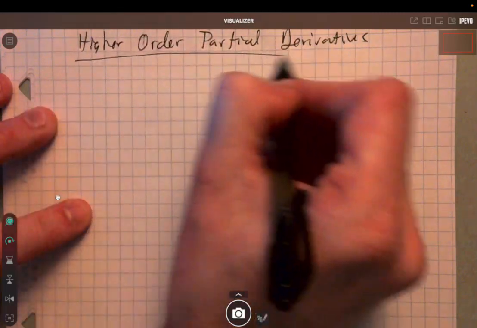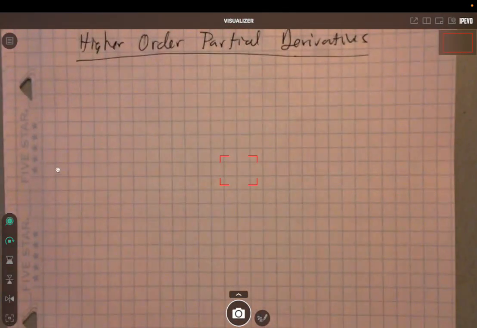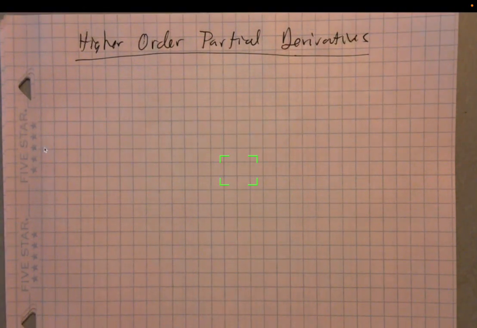Similar idea to what we had with ordinary derivatives. Just the notation is a little bit different, and there are also a few additional cases to consider.